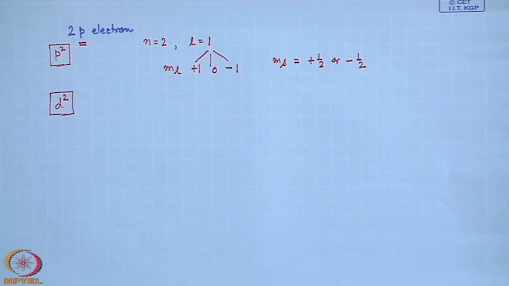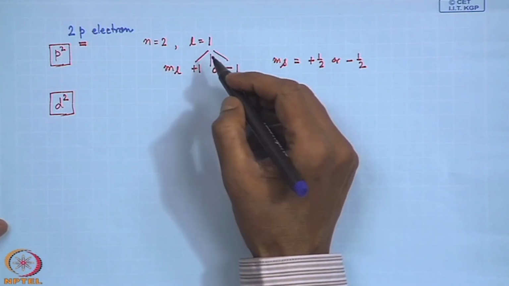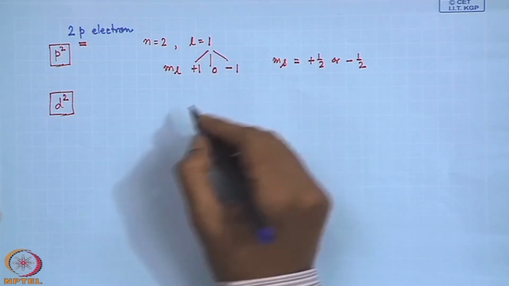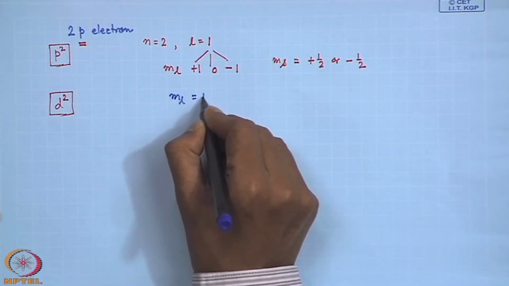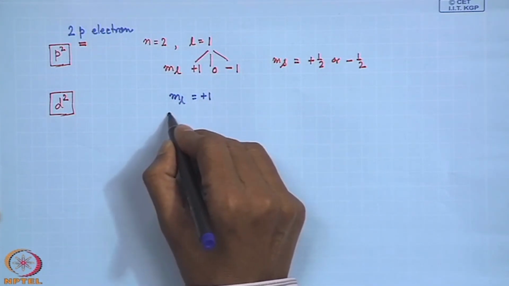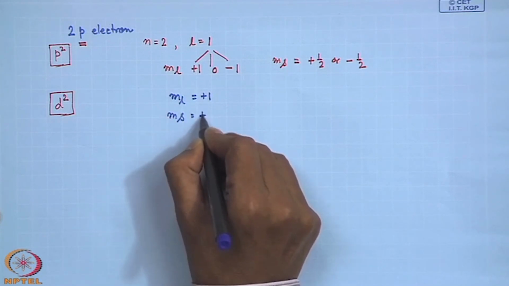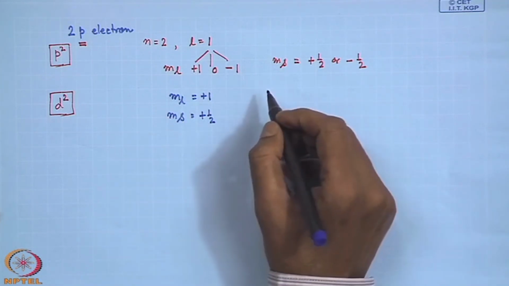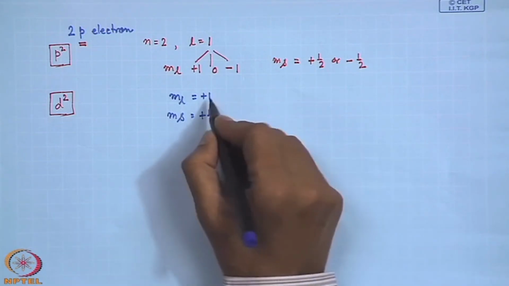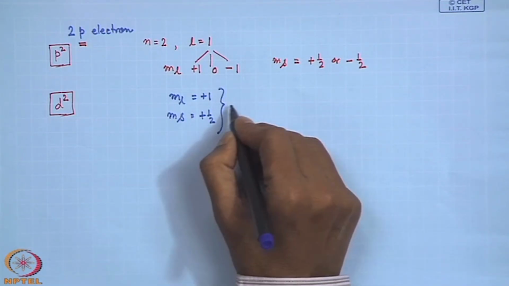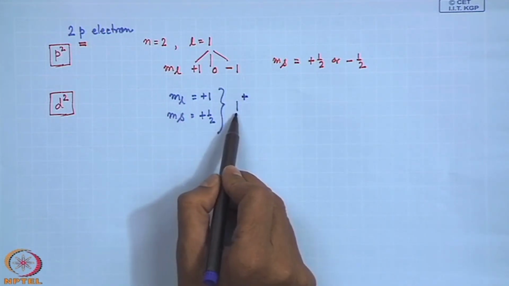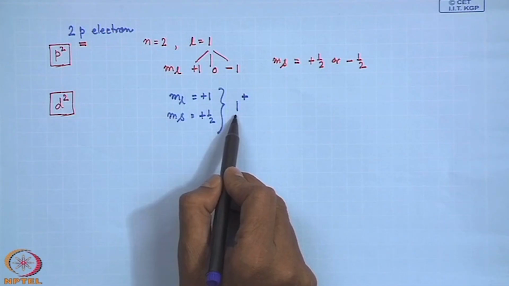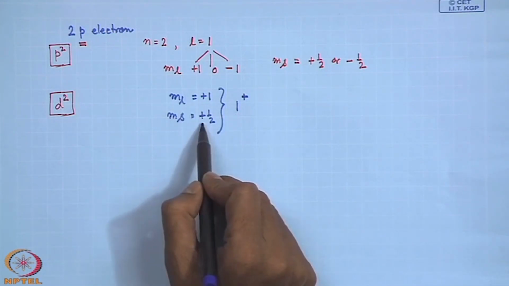These are the different possibilities for a 2p electron. Whenever the first electron has ml equal to plus 1 and ms equal to plus half, we will designate this as 1 plus, where 1 is the value of ml and ms is equal to plus half.